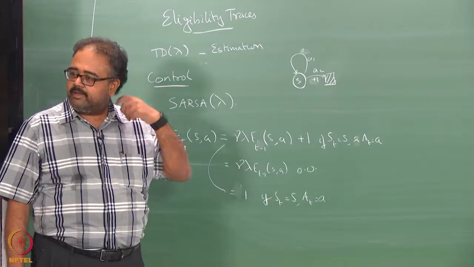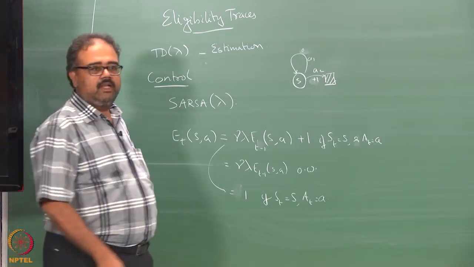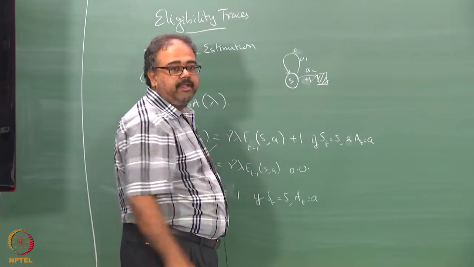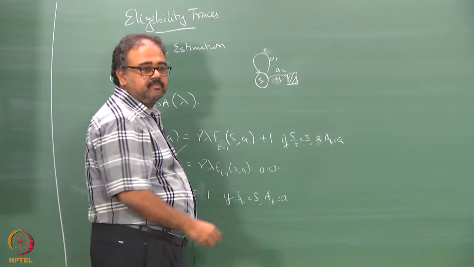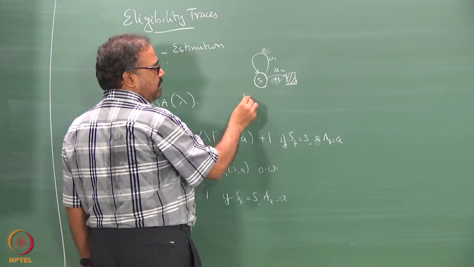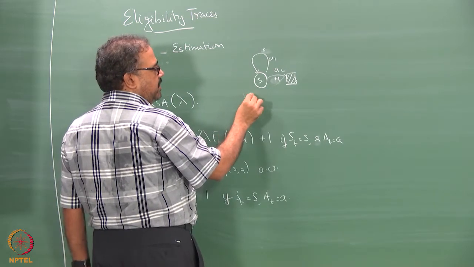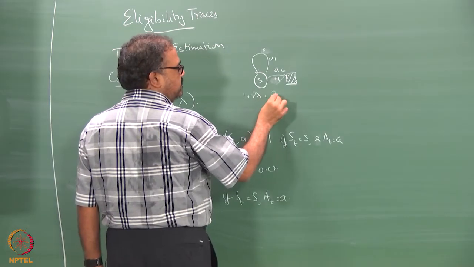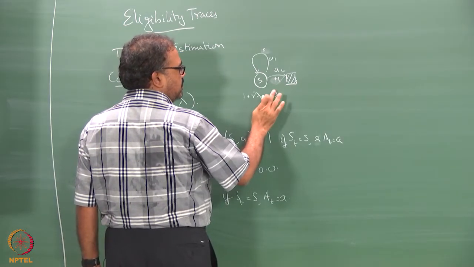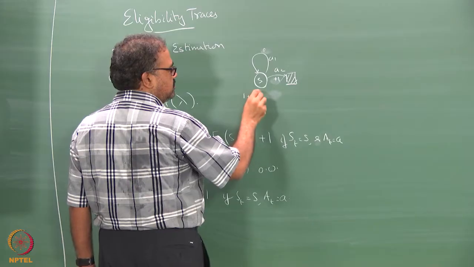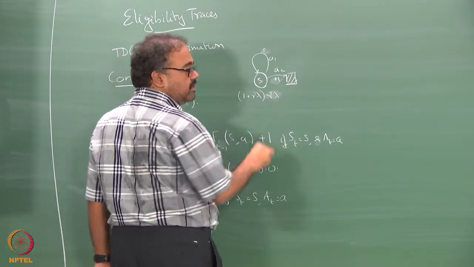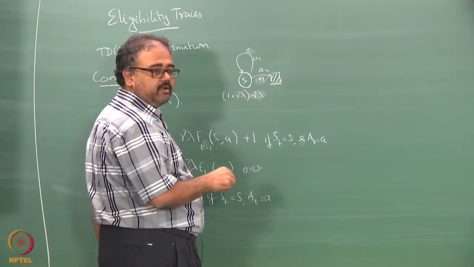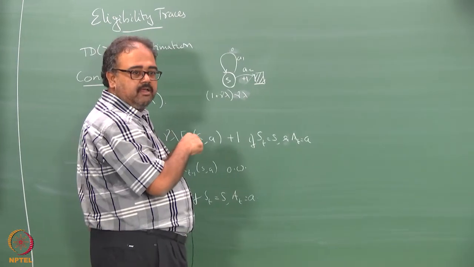If I am using accumulating traces, what will happen is every time I go around this loop I will keep adding 1. The first time I go I will have 1, and the next time I go I will have 1 plus gamma lambda, and then this into gamma lambda. So I will have gamma lambda plus gamma lambda squared plus 1, and I will keep going.